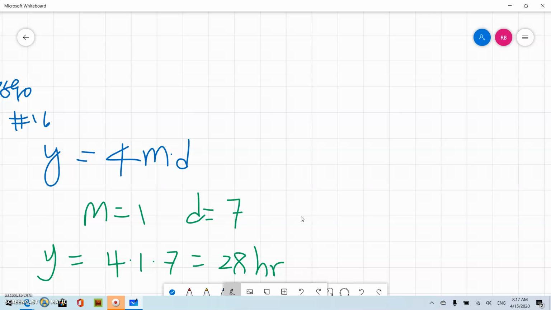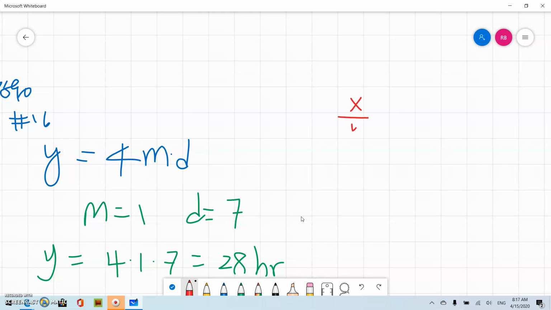All right, let's look at 32. It's asking to say either direct, joint, inverse, or combined, and then find the constant of variation. So it says x over y equals 2.75, and that's 32, okay? In the beginning, it looks like an inverse, but it's not, right? Because if you remember, inverse is xy is k, and this one is x over y is k, because k is this number.